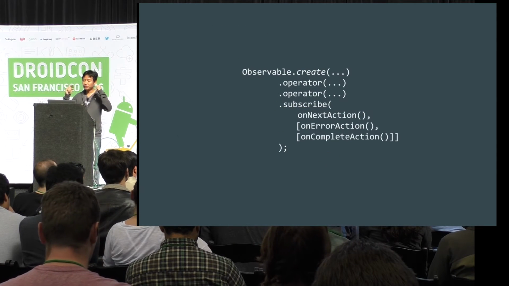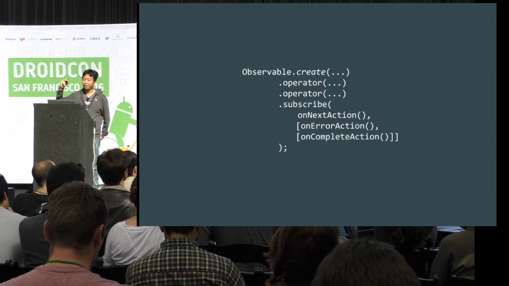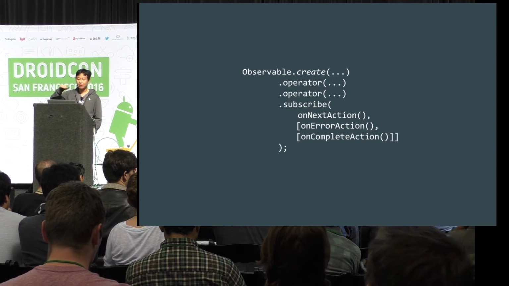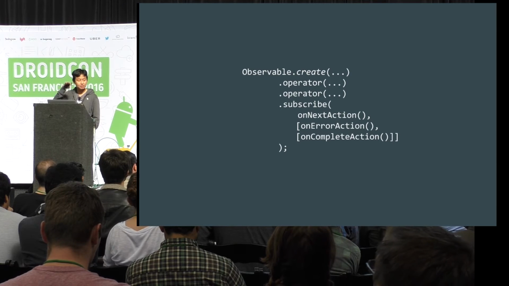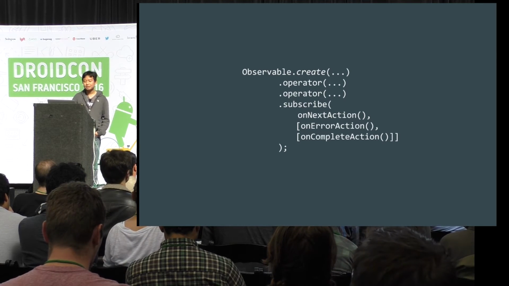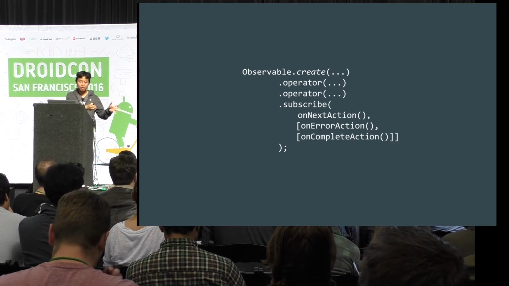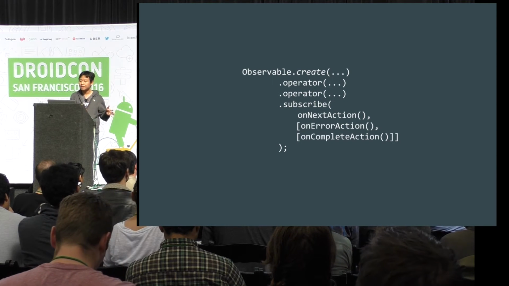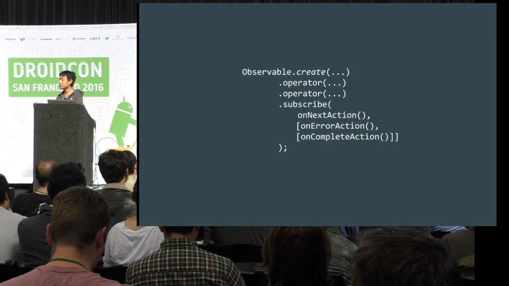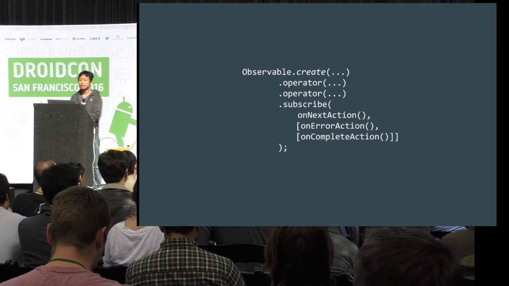So with the 3 functions, this is what we have. We have create, and operators. You can say, I'm going to do this, I'm going to do this. This is the composition functions. And then you have a subscribe function. Basically you can do what you want when there's a next event, what you want when there's an error, and what you want when there's an on-complete.